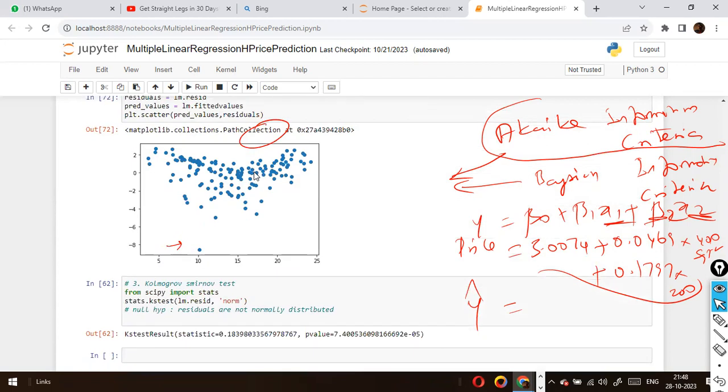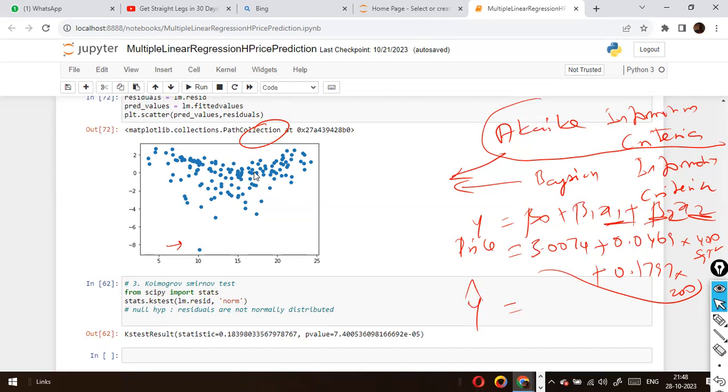BIC will be very strict and penalize properly. BIC includes a term that is proportional to the logarithm of the number of data points, which means BIC is more likely to favor simpler models, especially when the sample size is small. Whereas AIC uses a penalty term that increases with the number of parameters in the model, but it is a little less severe than the penalty used by BIC.